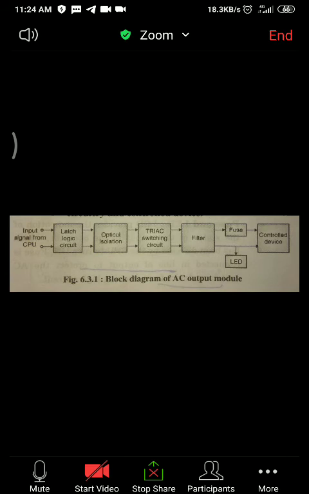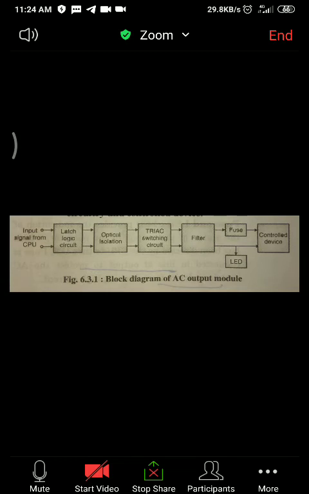isolation. If suppose very high torque motors are there at the output side, then what? That current may go to the output status table, and through it go to the CPU. So the CPU will get damaged obviously. So to provide the electrical isolation, again optical isolation is used. Optocouplers are used here.